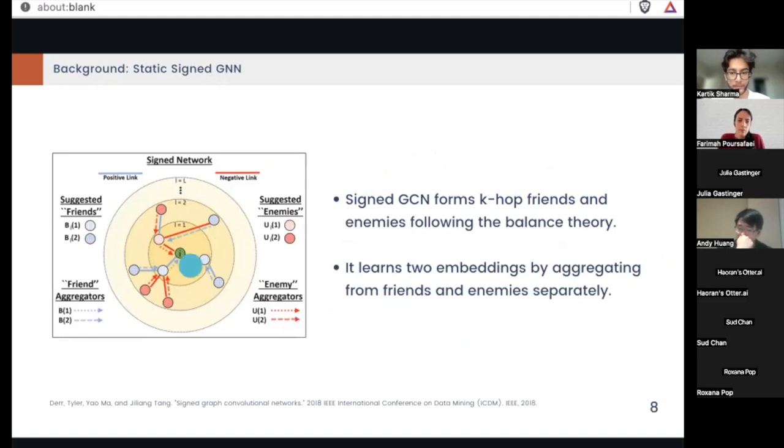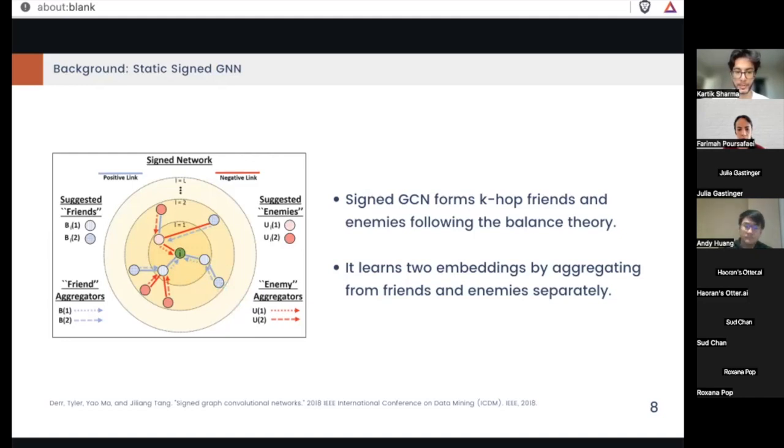So for example, if the node is i, then at a second hop, if it's an enemy of an enemy, if there are two negative relationships at the second hop neighbor, then it would likely be a friend. In different hops, balanced triads would be formed.